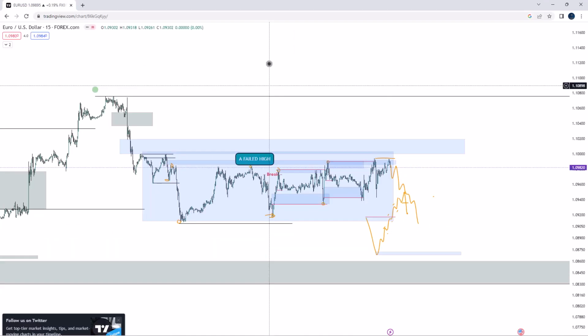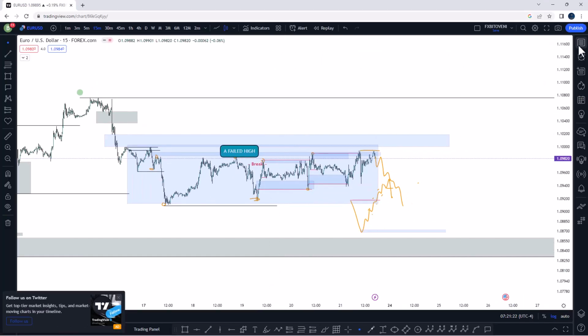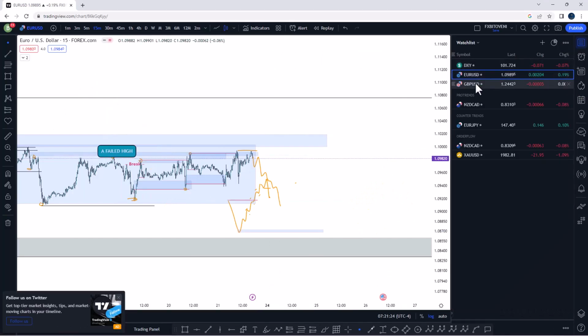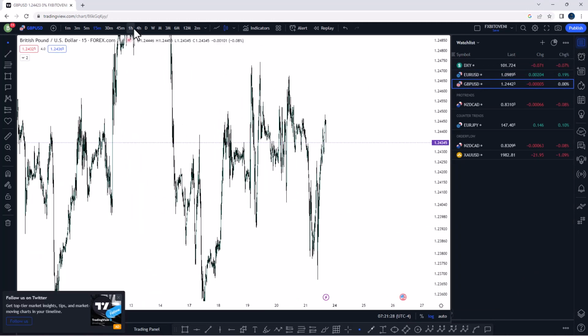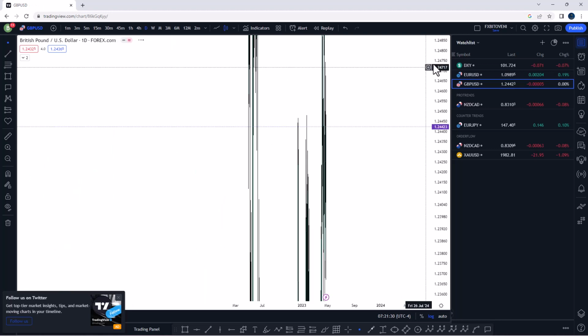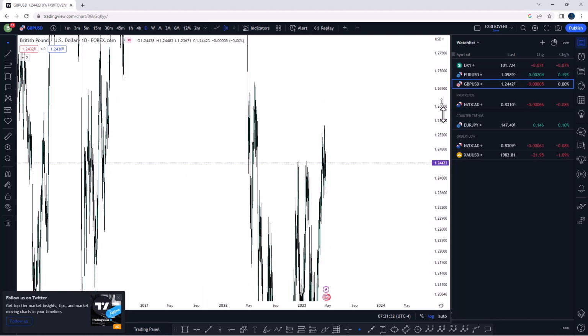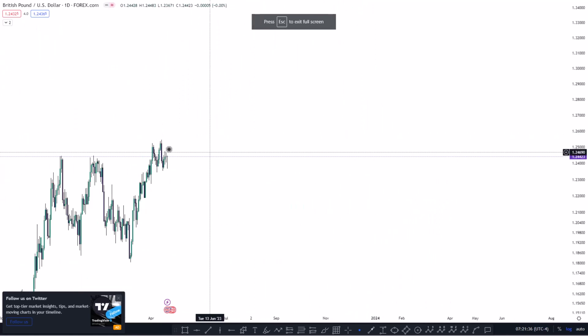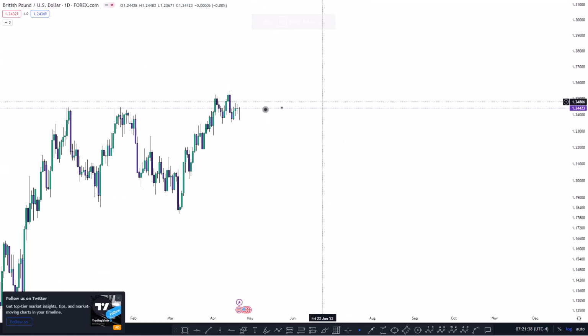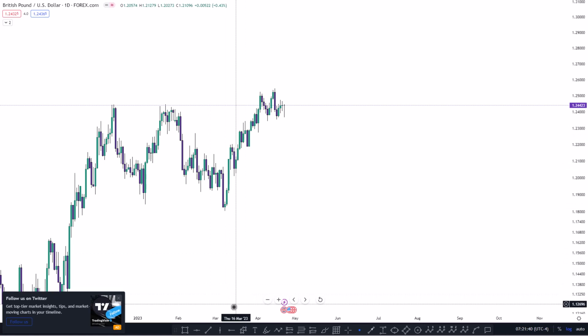So if you go to GBPUSD, on the daily time frame, what do we have? We have this break.